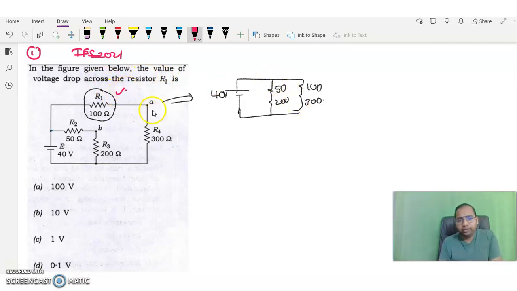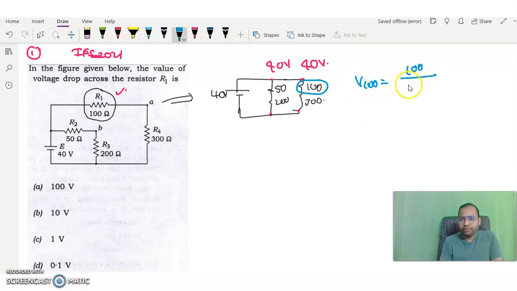Now if I redraw this circuit like this, from here to here the voltage will be 40 volts, and from here to here also the voltage is 40 volts, correct? Now if I apply the voltage division rule, the voltage drop across this 100 ohms can be taken as that resistance divided by total series resistance, that is 100 plus 300, into the total voltage across this branch.